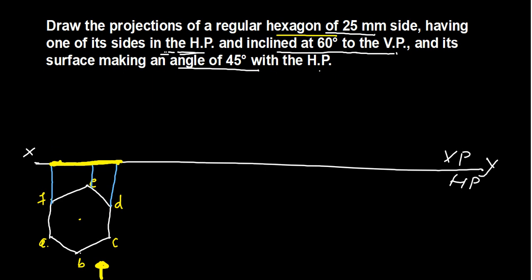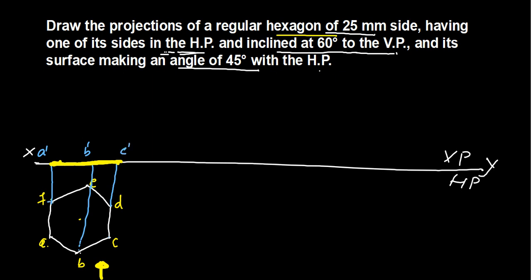So you can see A, let us write it as A dash, and you can see B, let us write B dash, because both of these lie on the same line. So B dash appears first, then C dash.